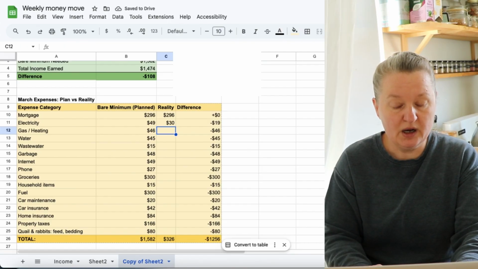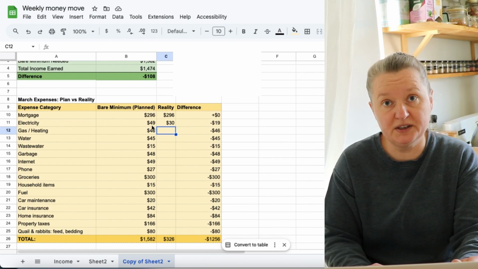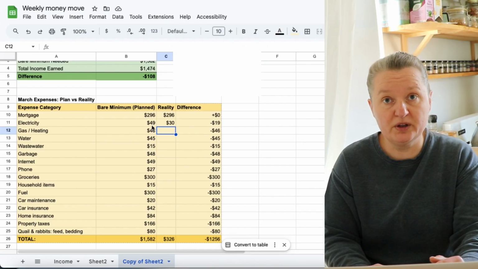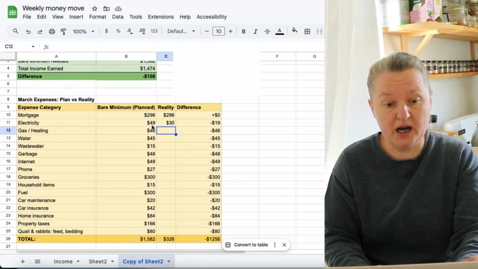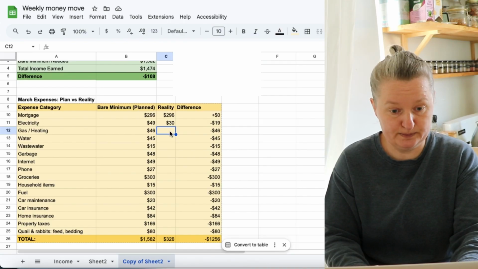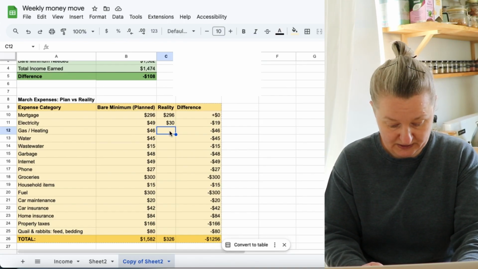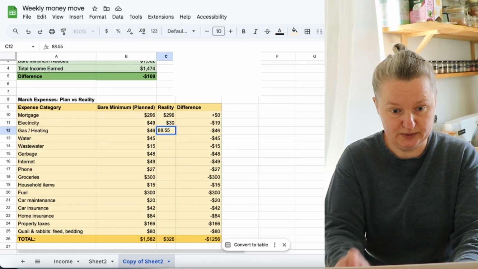And one more time, this number for electricity in my bare minimum planned expense, I added up all the electricity bills from the last 12 months and divided by 12. That's why I got $49. So in March my bill was $29.68. Gas heating, the gas bill was $88.55.